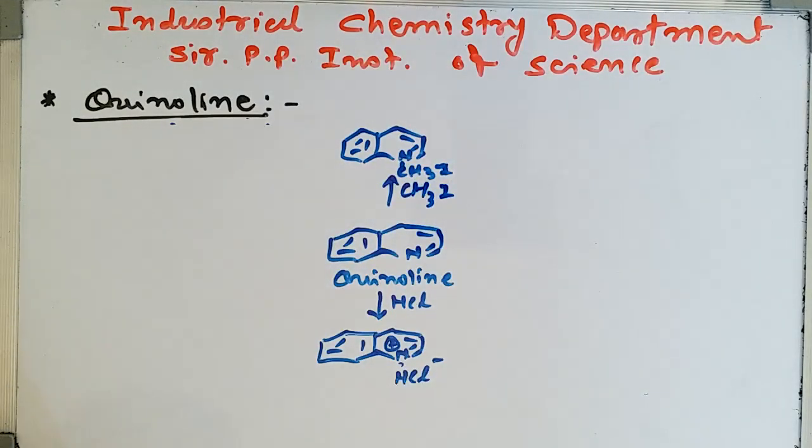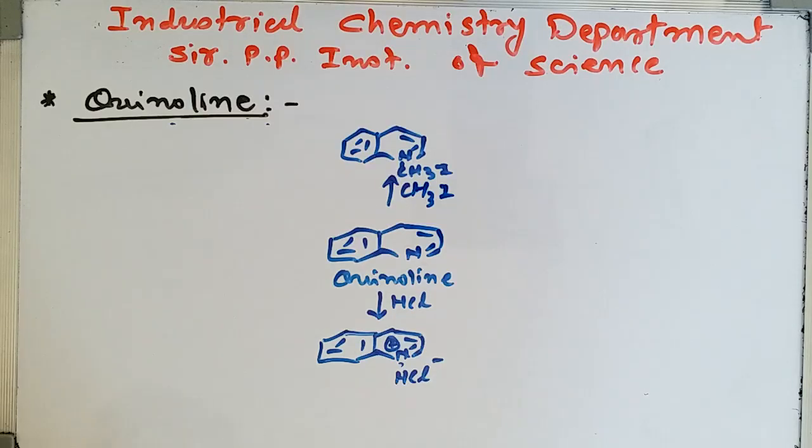So it is quinoline methiodide, or N-methyl quinolium iodide. So most of tertiary amines form salt with inorganic acids and quaternary salt with alkyl halides.